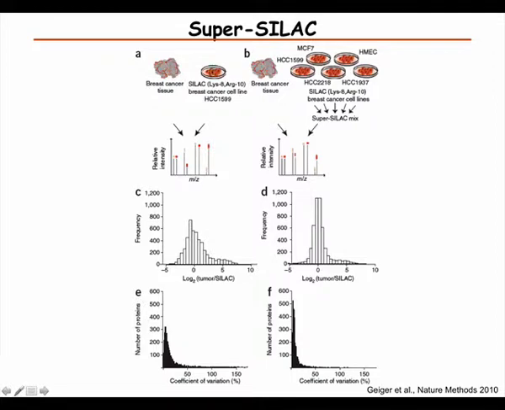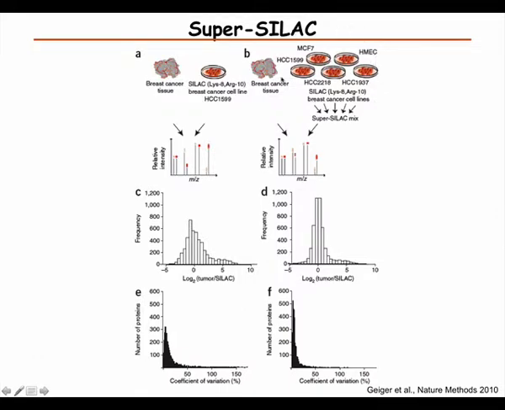For example, if you want to look at breast tumors, you can take a bunch of breast tumor cell lines and mix them together; they call it super SILAC.